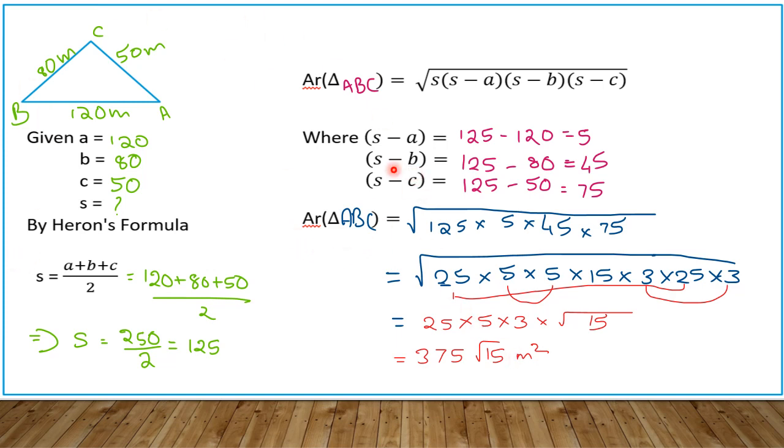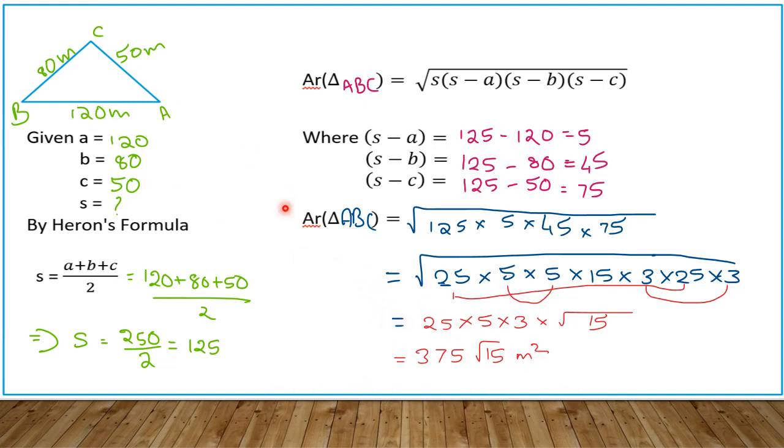But here if you have been given just to find the area of a triangle, then you will directly write area of a triangle and find out the area, that's it. But if they have particularly asked to calculate the area of the park, then you have to write the conclusion statement compulsorily that the area of the park is so and so.